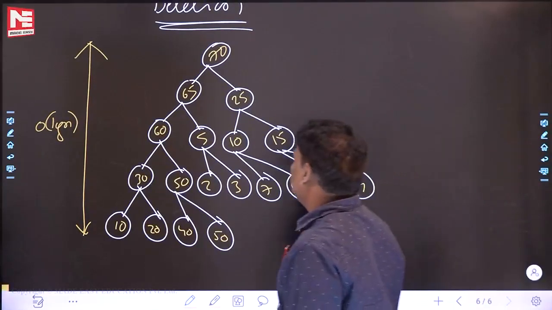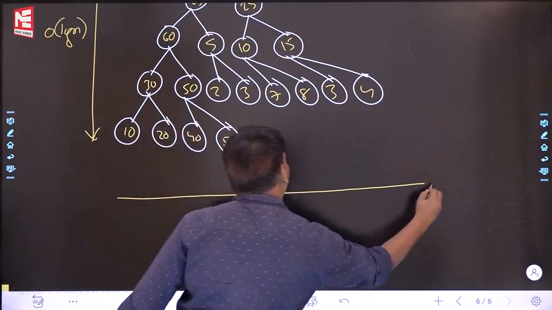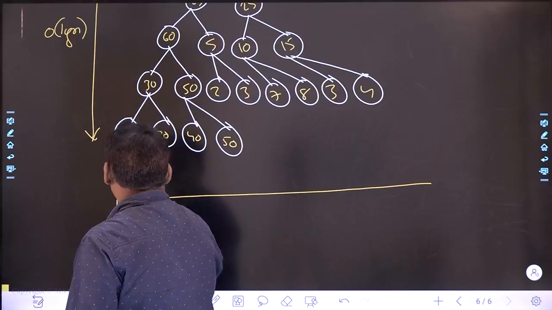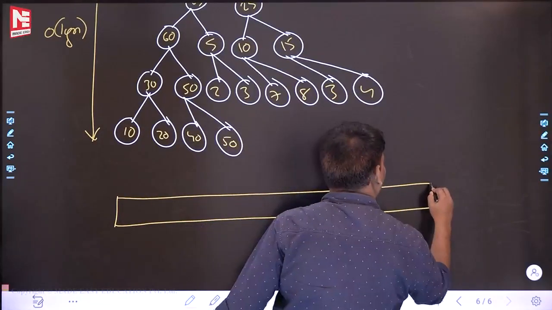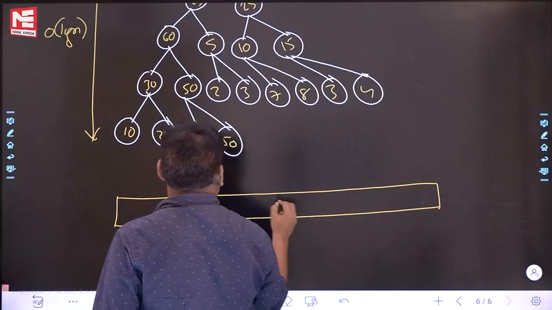Let me write now. This will be stored inside the computer in the form of an array. Let me take an array also. Only for namesake, I have to explain at least one time so that you will get to know what is going on. So how many elements are there? 15 plus 4, 19.